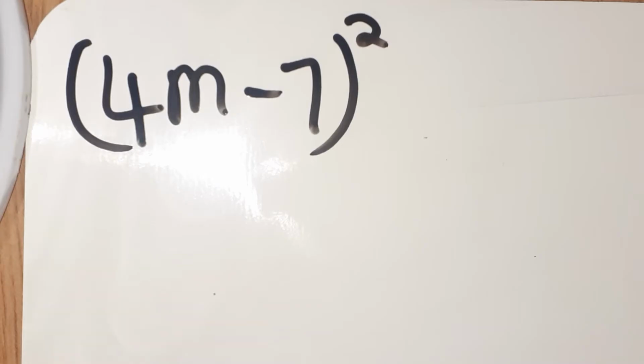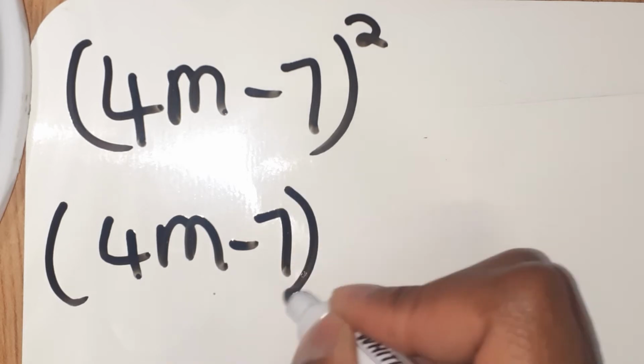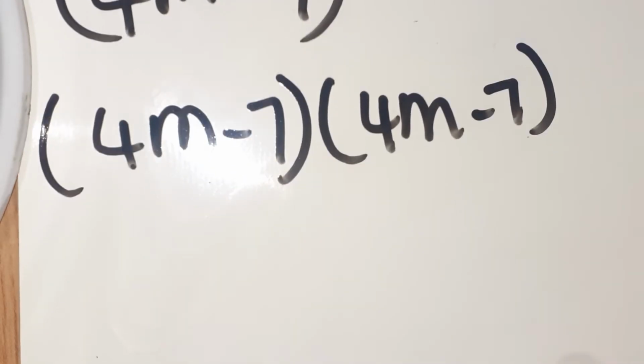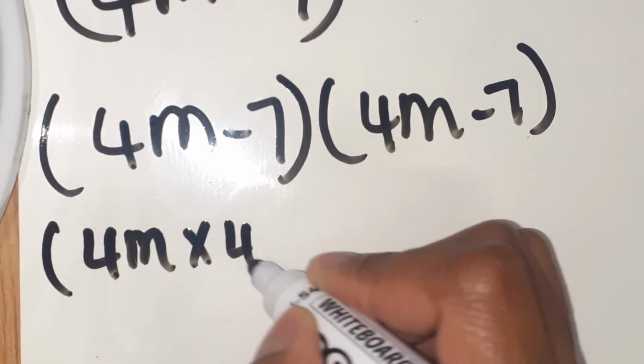All right, here we are again. We have 4m minus 7 squared. Now we still are going to expand this. 4m minus 7 and 4m minus 7. So I'll still do it like that. It's 4m times 4m.